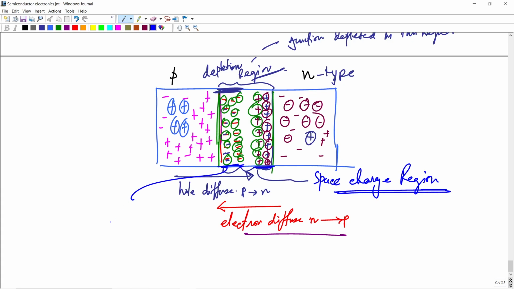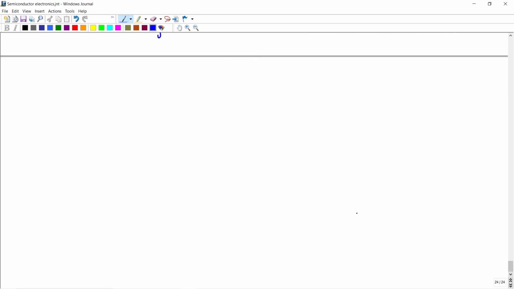This side is called the negative space charge region, and that side is called the positive space charge region. So there we get two space charge regions here. Due to that, now we draw the same diagram again.